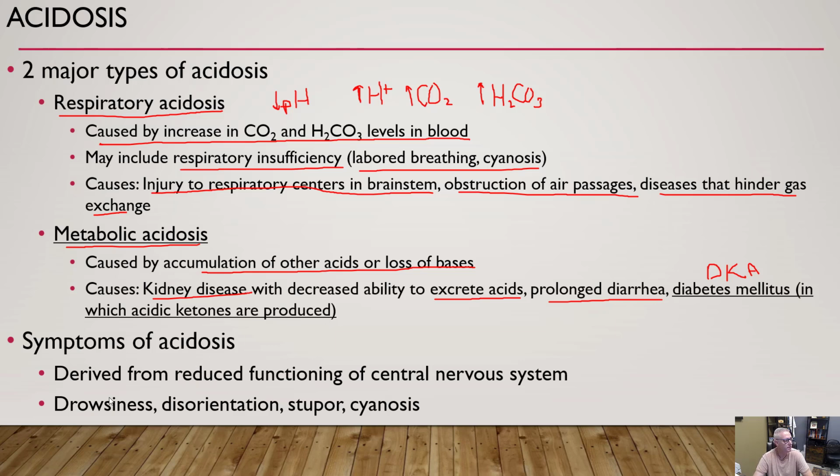Some of the symptoms of acidosis: you're going to see central nervous system conditions, drowsiness, disorientation, stupor, cyanosis. When we talk about how your body handles these conditions, it's called compensation. If you have a respiratory condition, your body is going to compensate metabolically.